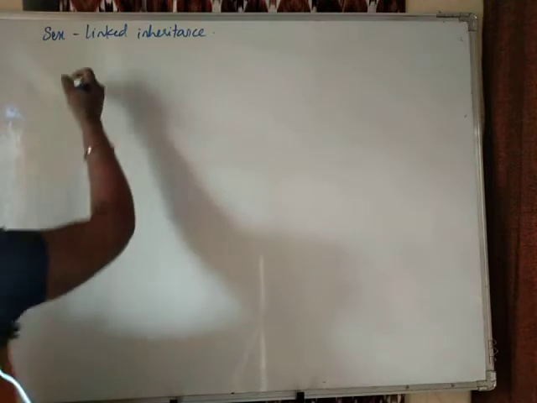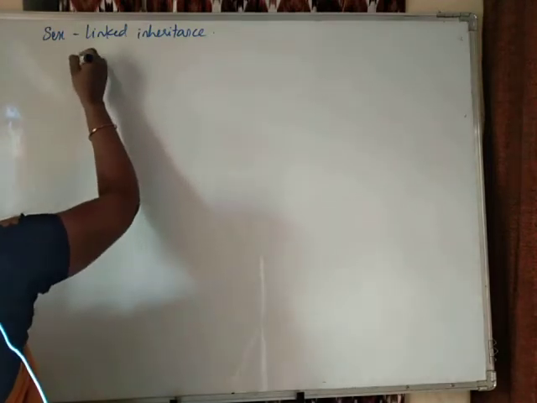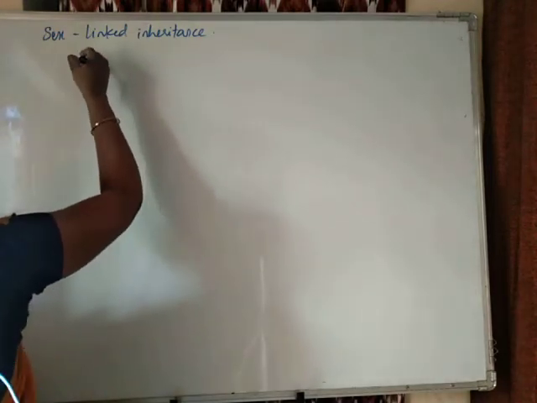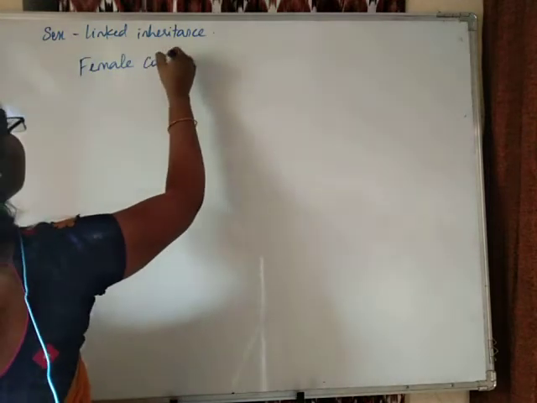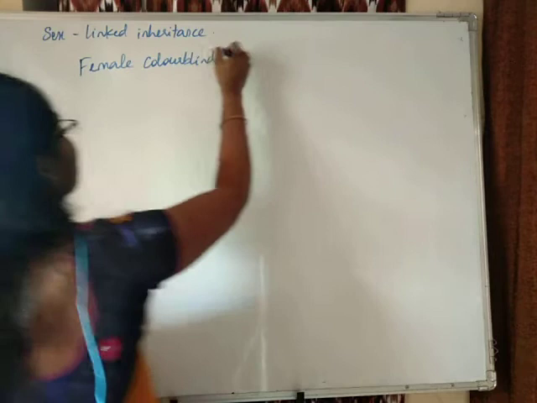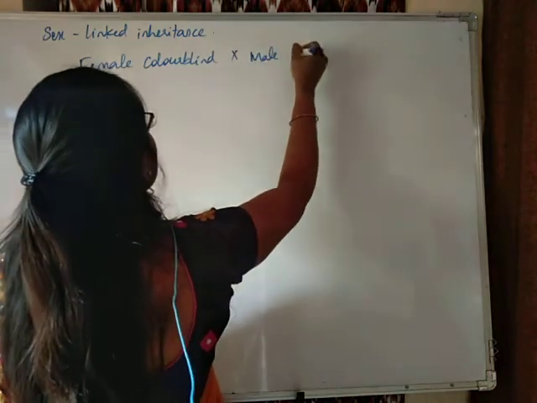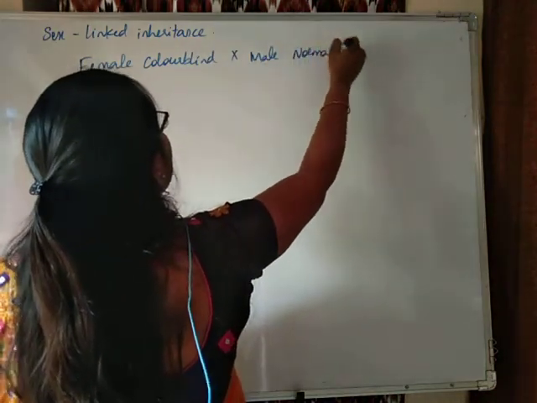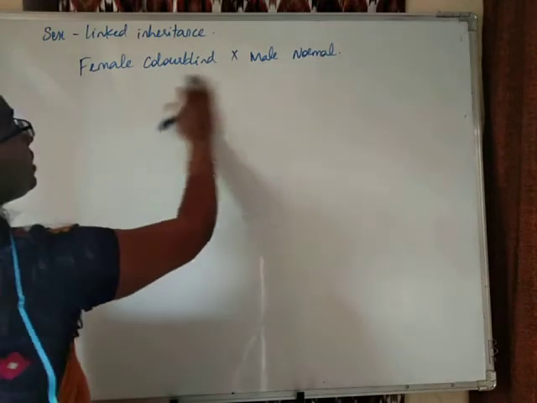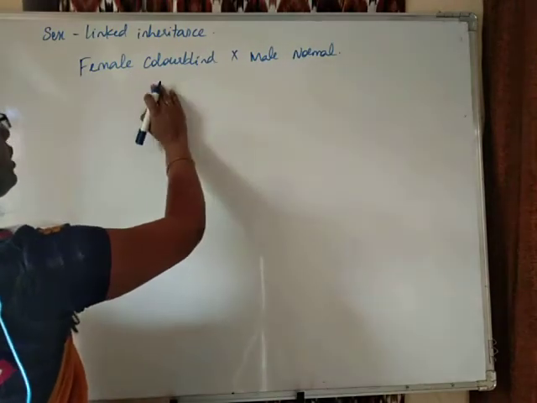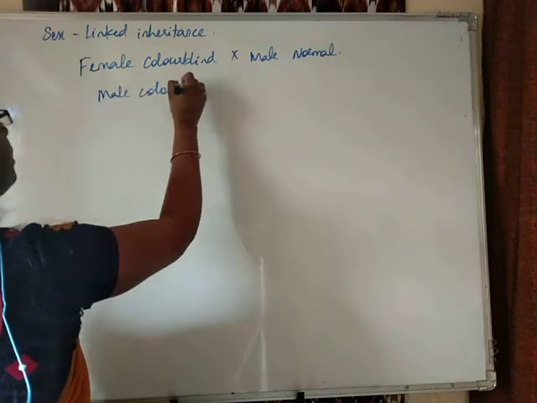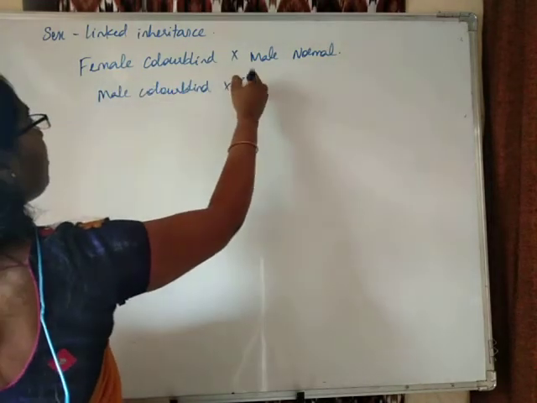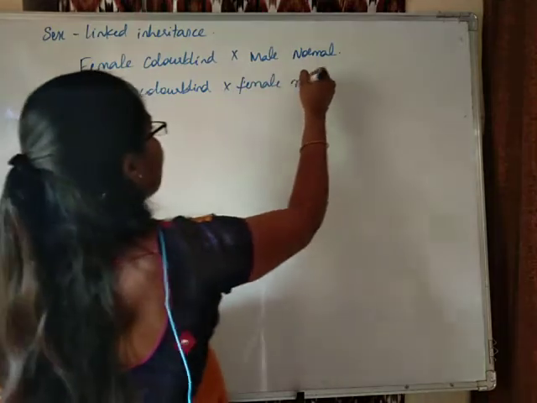Like for example, the eye color. First we take a female who is color blind and cross her with a male who is normal. This is one cross, and the reciprocal cross means we take the male as color blind and the female as normal.